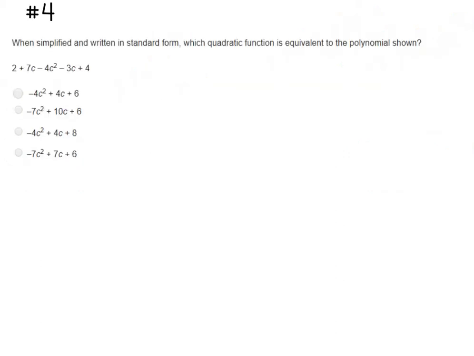Okay, number 4. So when simplified and written in standard form, which quadratic function is equivalent? So all we're going to do is combine your like terms here. And then the other way that we can check that is we can graph this in Desmos. And so I can graph the original one.